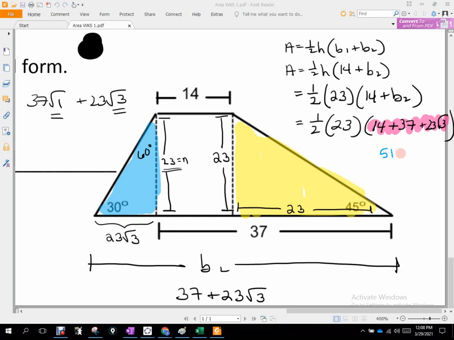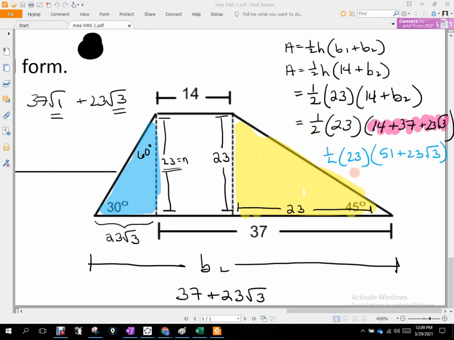So I have 51 plus 23 radical 3s times my 1/2 times 23. Okay, so this is fully simplified using my addition rules. Obviously, there's nothing inside these parentheses here that we can do.